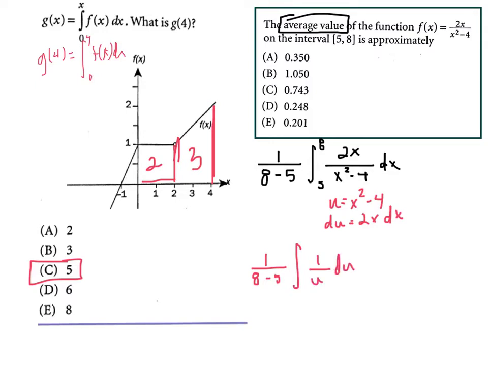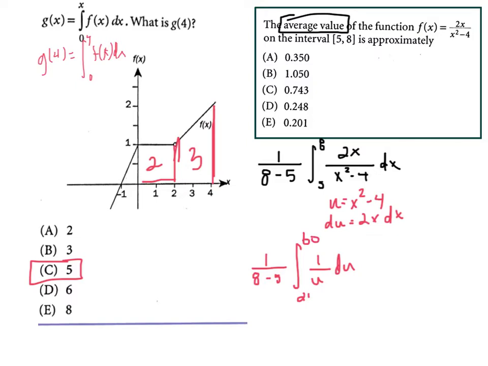And we can change the bounds, if you remember how to do that. The old bound was 5. 5 squared minus 4 is 21, so that's the new lower bound. The old bound was 8. 8 squared minus 4 is 60, so that's the new upper bound.